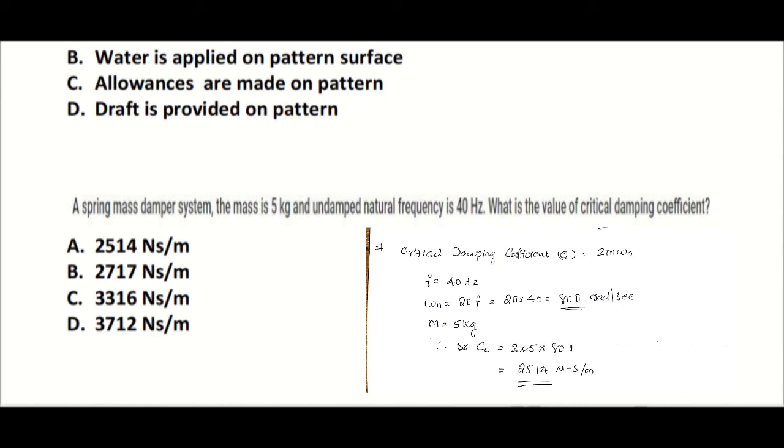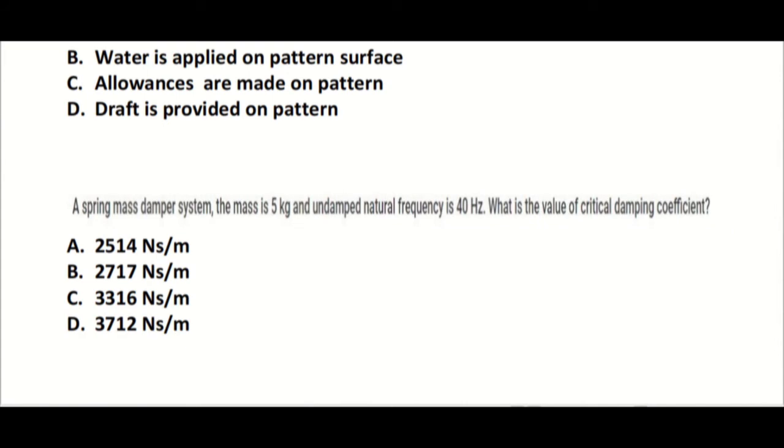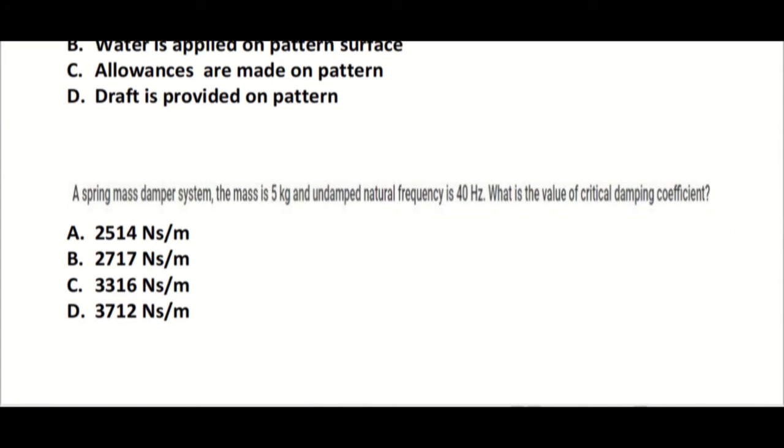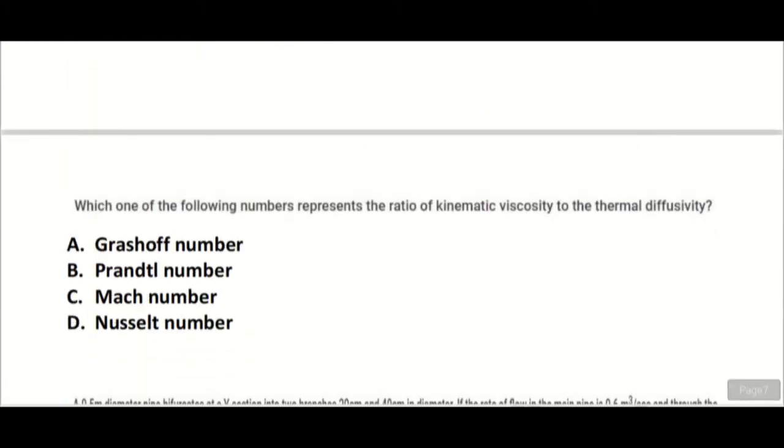Substituting the value of f, we get omega n equal to 80 pi radians per second. With omega n and mass known, substitute the values into the equation, and we get the critical damping coefficient Cc equal to 2514. Option A, 2514 Newton second per meter, is the right answer.